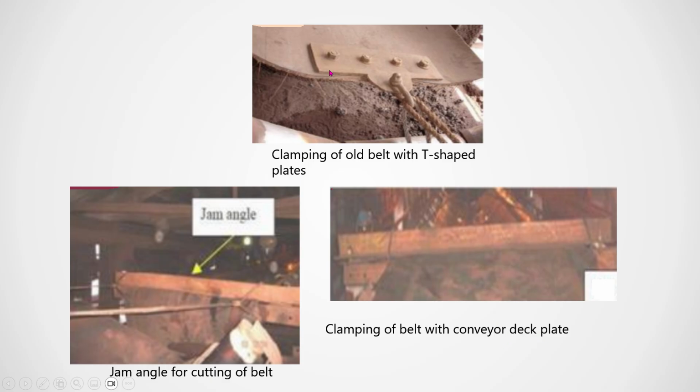So first you have to pull the belt with the chain pulley block with an arrangement like this, pull it, and then tighten it with these two channels, two angles, so that it should not move. The belt should fix there, and then arrest this angle with the deck plate so that the belt will not move.